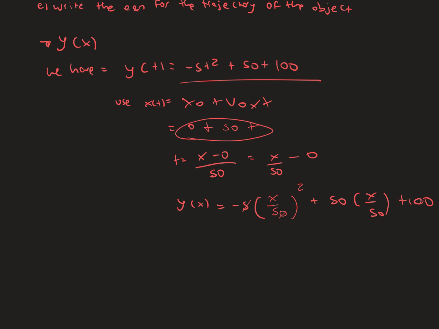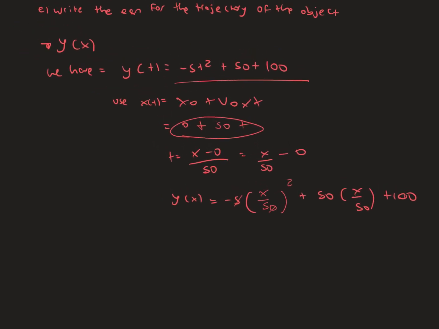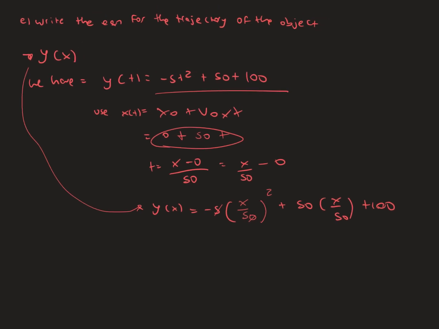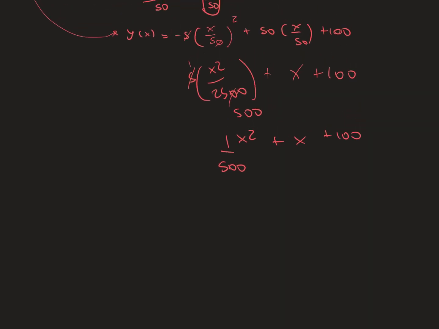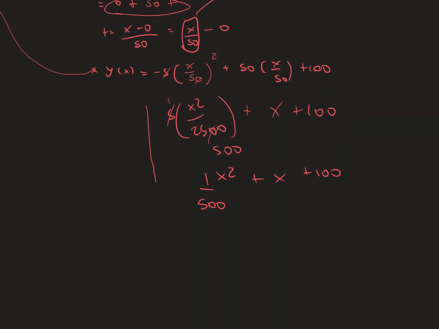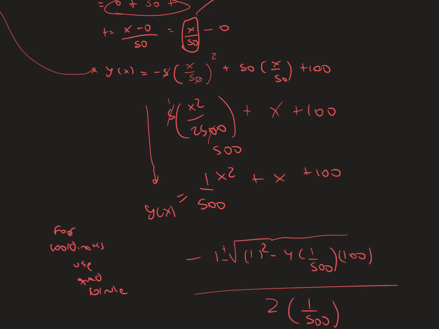Now we can find y of x: wherever you see t, we plug in this value into the equation. As we simplify in the following steps, we get y of x equals negative 1 over 500 x squared plus x plus 100.